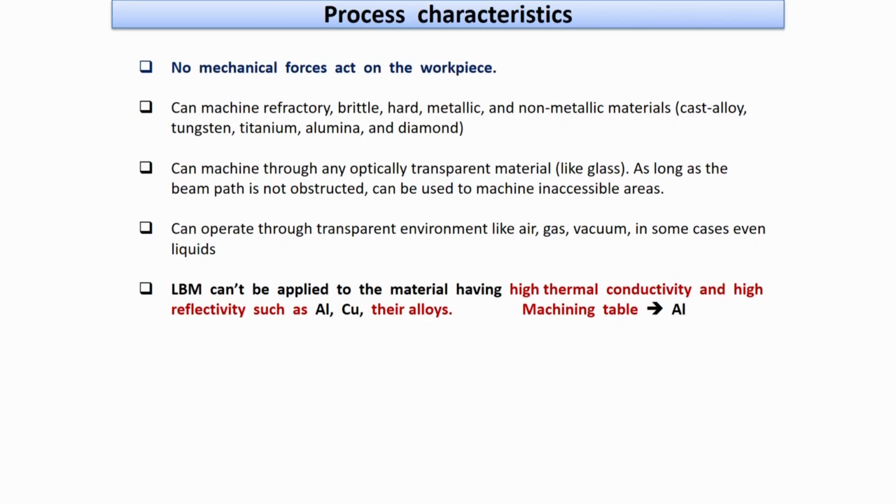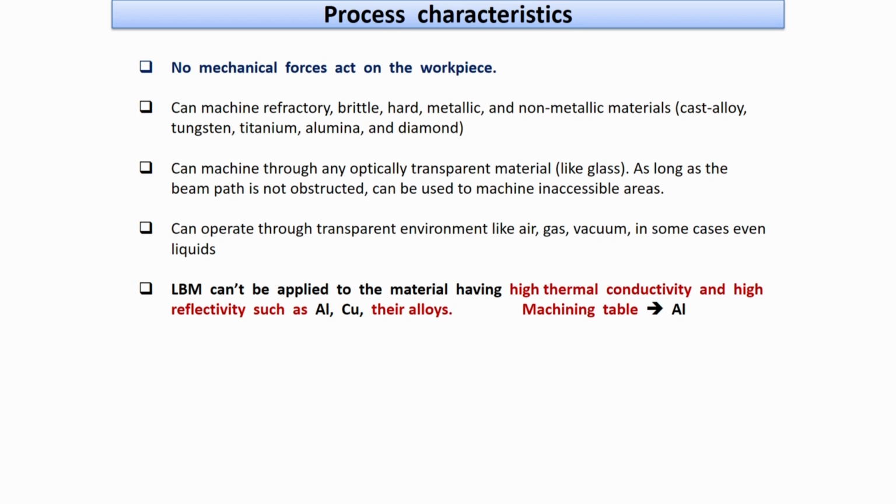Like in transparent glass, the laser beam can pass through, so it will not melt the glass. If it is obstructed by the workpiece just below the glass, it will do the machining operation on the workpiece. It can operate through a transparent medium or environment like air, gas, vacuum, or in some cases even liquids also.